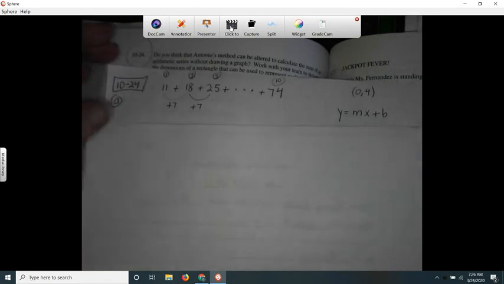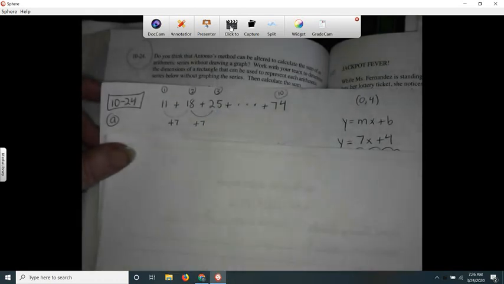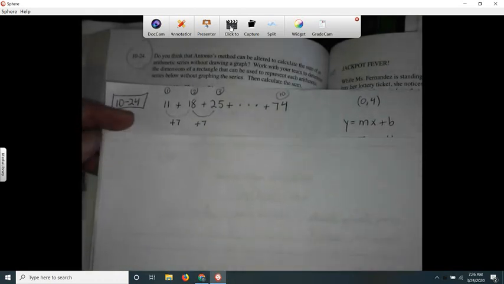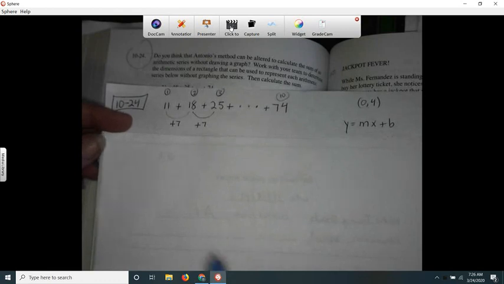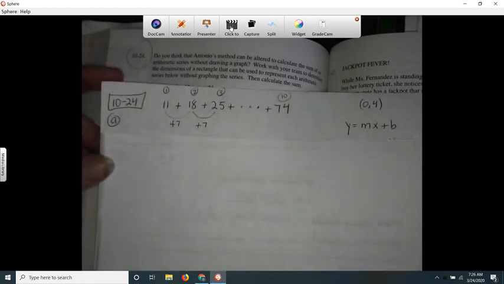And so if I wanted to make a table for this, then I could notice that if I just add 7 each time, this is kind of a linear thing. So I'm trying to get a little formula that will help me to find the next terms. I could just keep adding 7. So if you keep adding 7, you go 25 plus 7, you get the next one, plus 7, and you get the next one. And eventually you'll end up at 74.